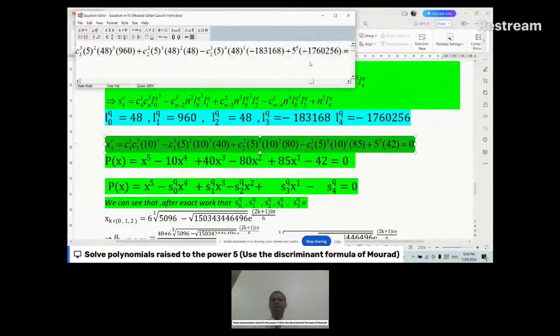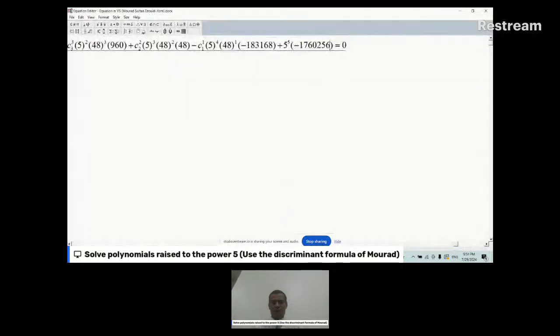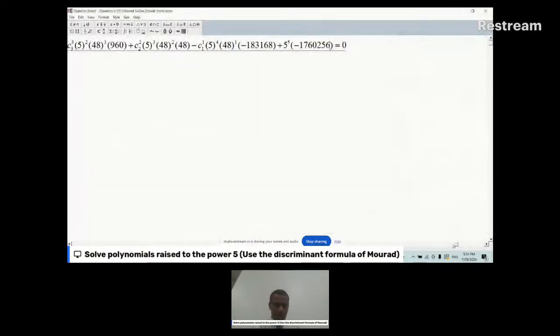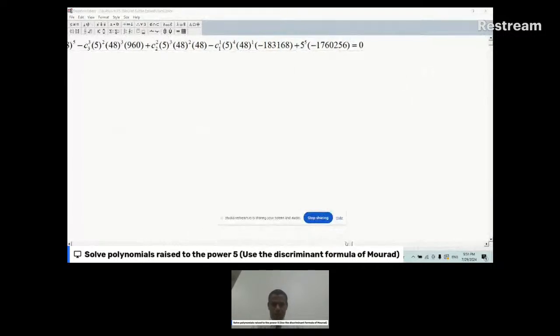Now learners, I will try to find the value of this. Okay. What is my calculator? This is my calculator. I will go here, learners, to show this for you.